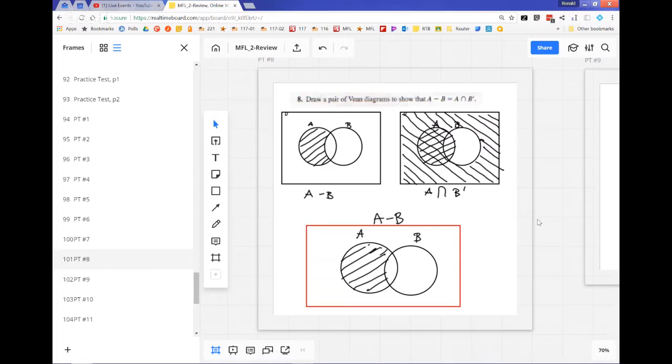The 2 diagrams should not be identical. On the left, you've got A remove B. On the right, you've got this intersection, so you're supposed to show that you have an overlap. The overlap looks the same as what we had in the diagram on the left.